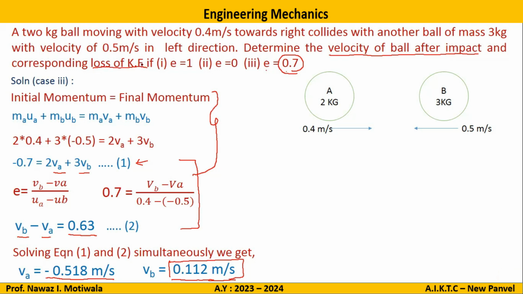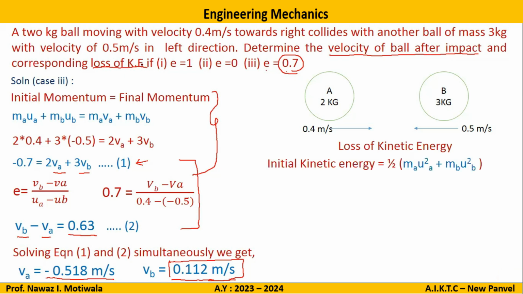So for initial kinetic energy I will write half MA UA square plus half MB UB square. Substituting the values, I will get the answer for initial kinetic energy as 0.535 joules. Again, point worth noting, initial kinetic energy will exactly be the same in all the cases.